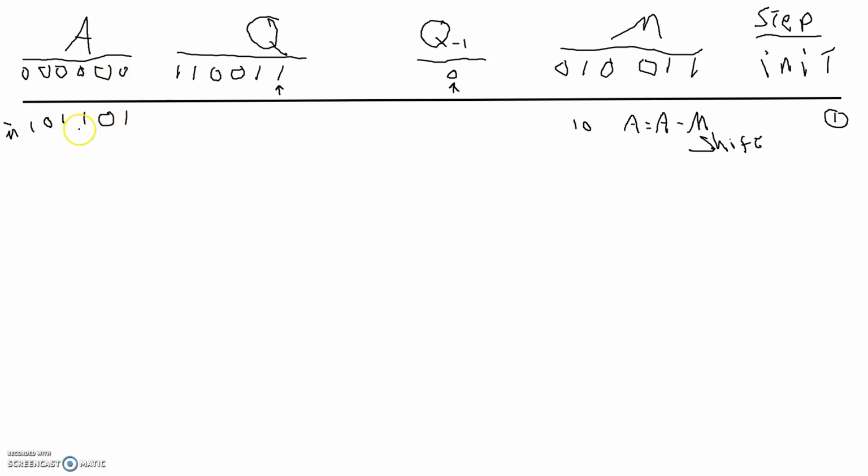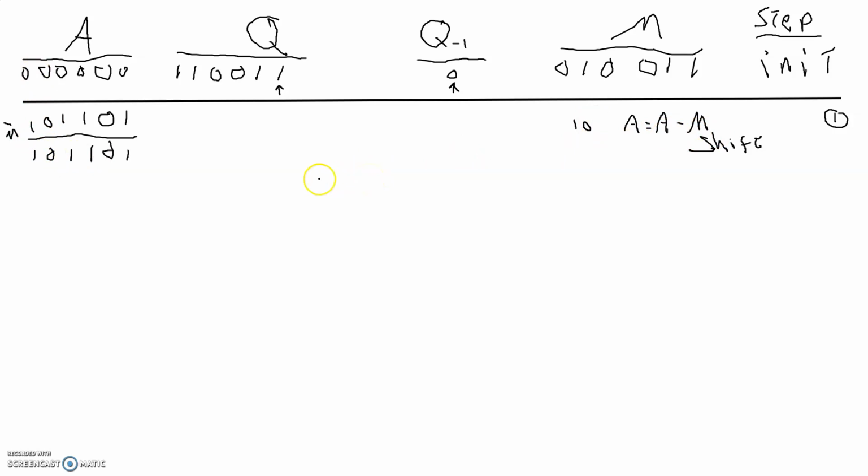And we're adding that to A, which is this number here. And by the way, A is 0. 0 and anything is the number itself, so I'll spare us going through the bits. But it ends up being 0 and 1 is 1, 0 and 0, 0, 0 and 1 is 1, 0 and 1 is 1, 0 and 0, 0, 0 and 1 is 1. So that takes care of the first piece, the subtracting M from A.